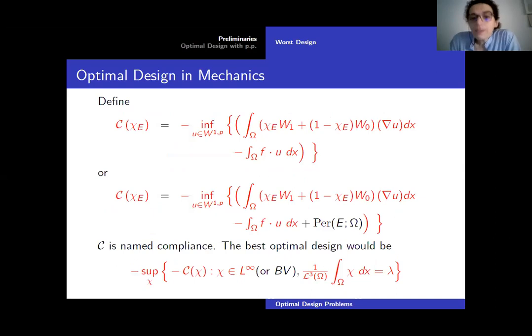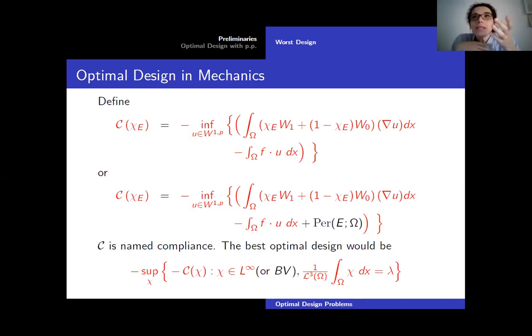Well, if then we want to model, let's say, not the damage, but really what are called the optimal design problem, one has to look essentially first for the compliance. So essentially, given a configuration E, one wants first to minimize in the deformation U, and then the aim is to essentially maximize the opposite of the compliance, to have the best model that maximizes certain requirements as good properties.